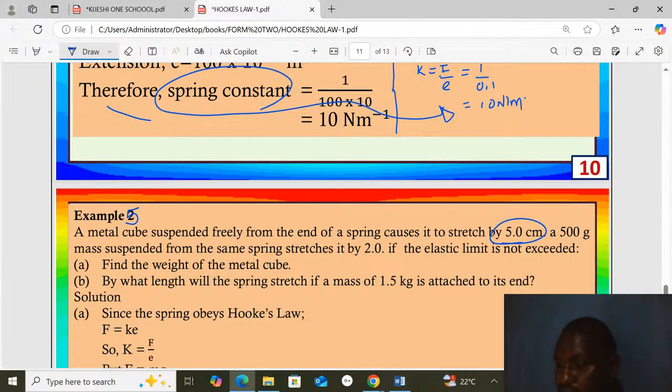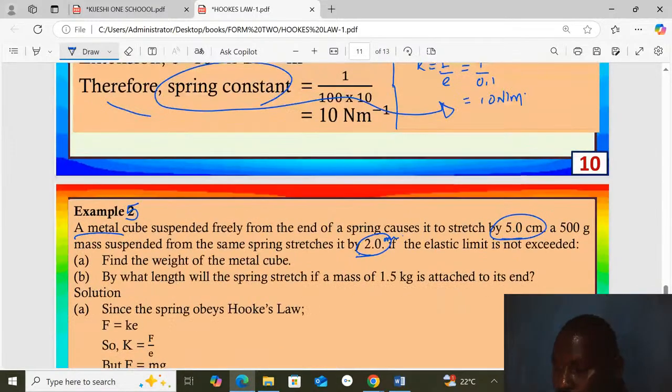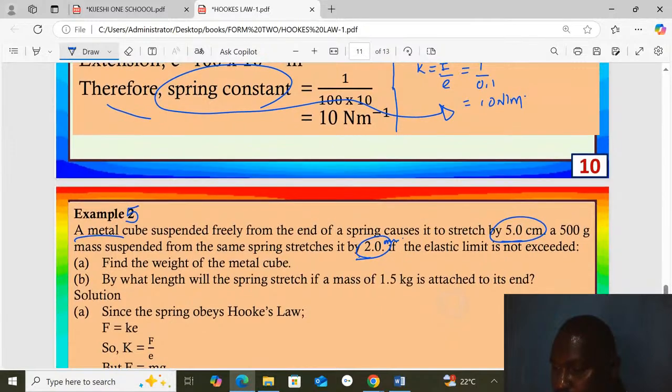Then you are told a 500-gram mass suspended from the same spring stretches it by 2, I think we are supposed to talk of 2 centimeters. If the elastic limit is not exceeded, find the weight of the metal cube.